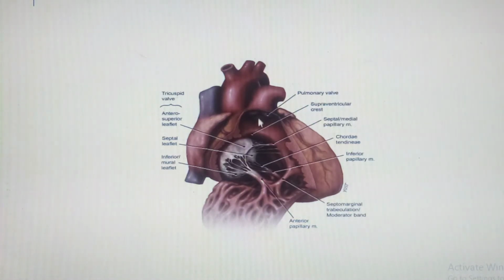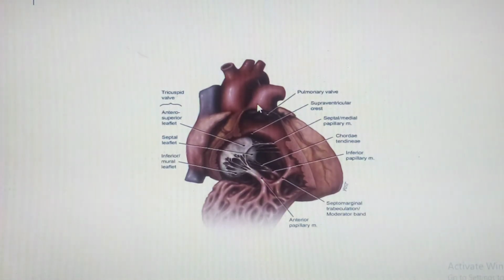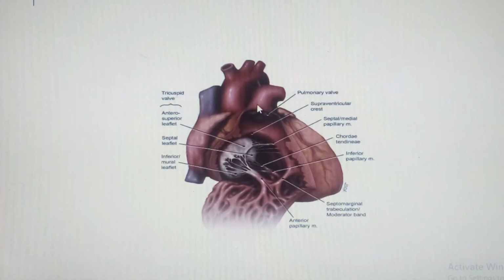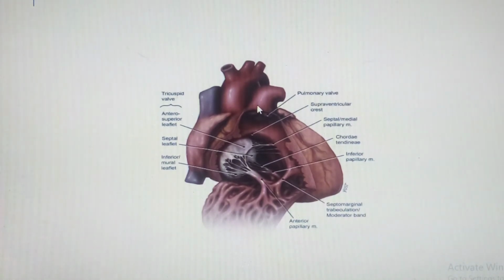So you can see that it leads to where we have the pulmonary trunk. Embryonically, it's derived from what we call the bulbus cordis. When we look at the embryology of the heart, we will be able to understand what this bulbus cordis will be doing. So you can see that this outflow part is entirely smooth.